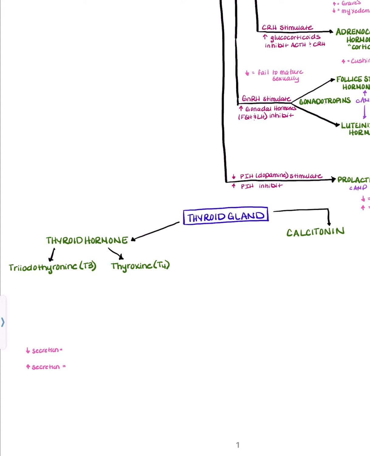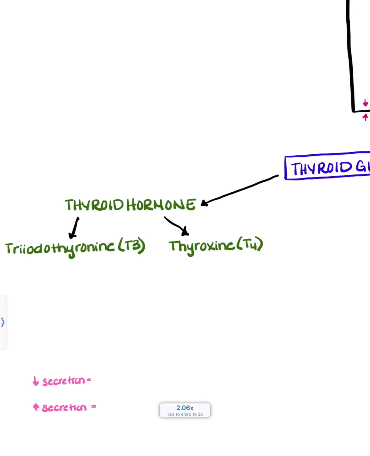So the thyroid hormone is actually two hormones in one. So when we look at this, I have triiodothyronine or T3 and thyroxine or T4. So the thyroid hormone can be either one of these. The major hormone that's secreted is actually going to be your T4, but your T3 can be formed at target tissues by converting T4 into T3.